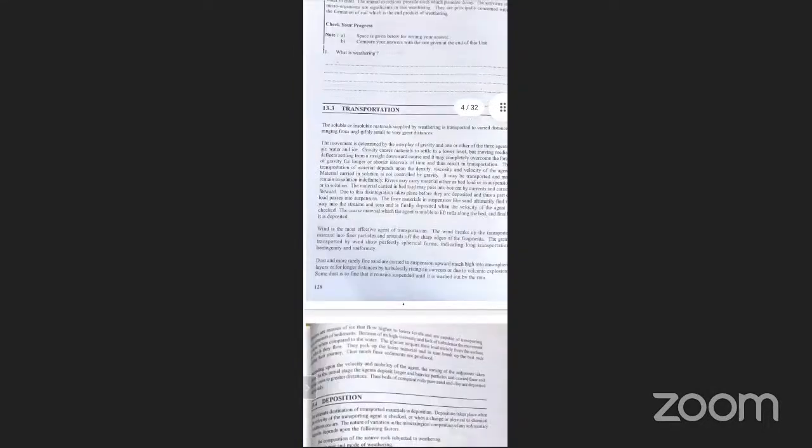Coming to transportation. Transportation plays a very important role in the deposition of rocks.